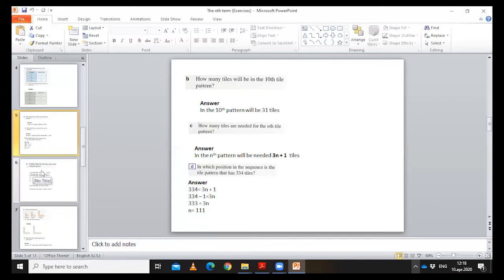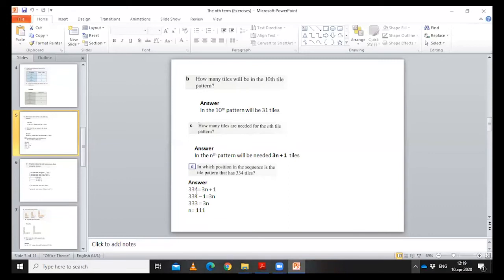Now the requirement D. In which position in the sequence is the tile pattern that has 334 tiles? So 334 tiles will be substituted into L, like the example that we mentioned in the previous exercise: 334 equals 3n plus 1.